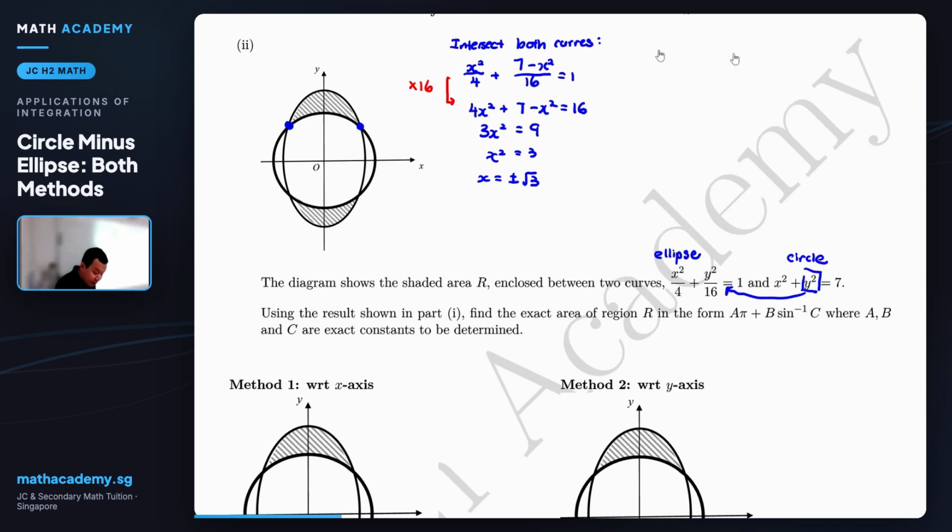Okay, but with that same value, let's find the y. I want to get the coordinate. So substitute x is plus minus root 3 to your circle equation. Okay, let's use the easier of the two. I go for the circle. So plus minus root 3 squared plus y squared will be 7.